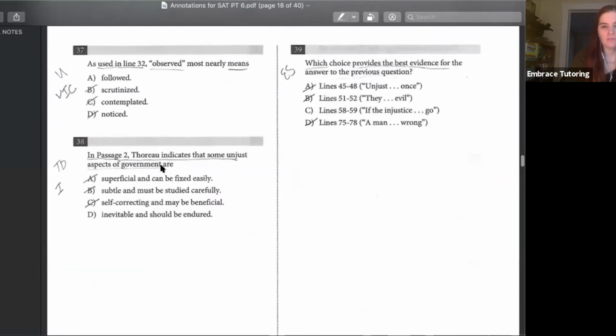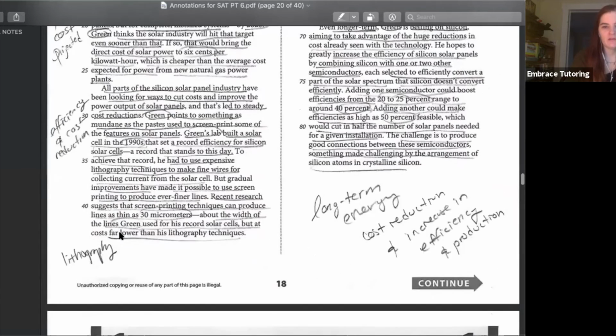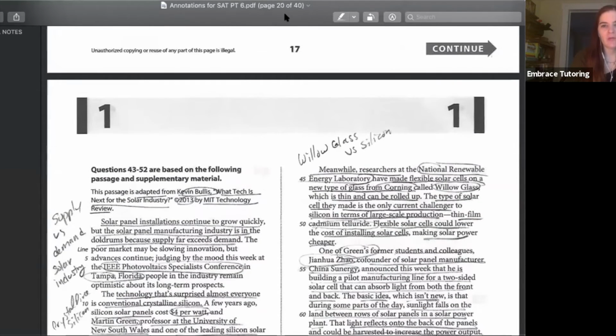And then I do that here too. Lots of notes. So of these two, I've practiced my notes for practice test 6 and my notes for practice test 3. If I can find them. There we are.